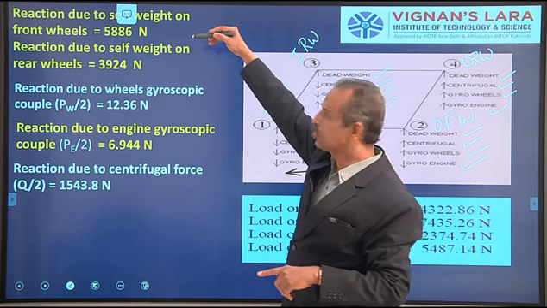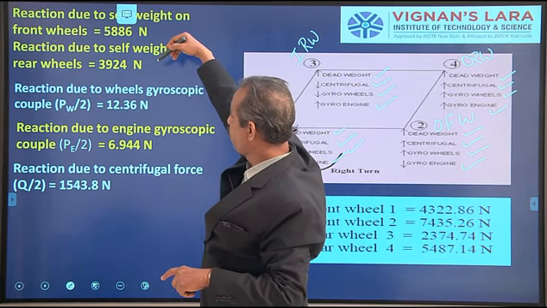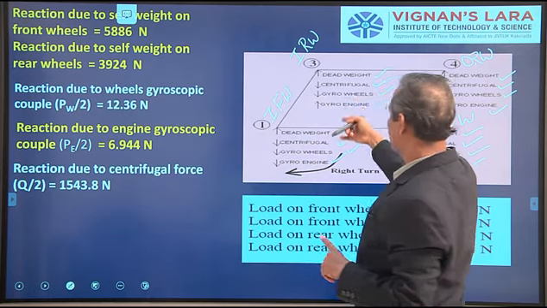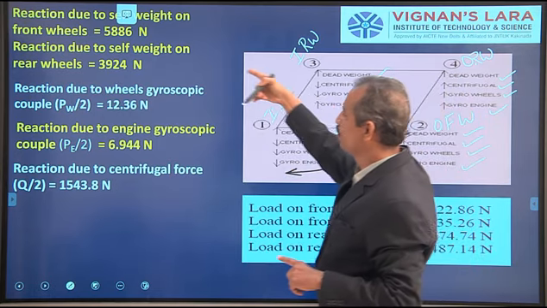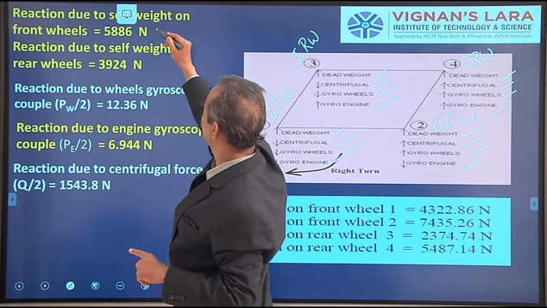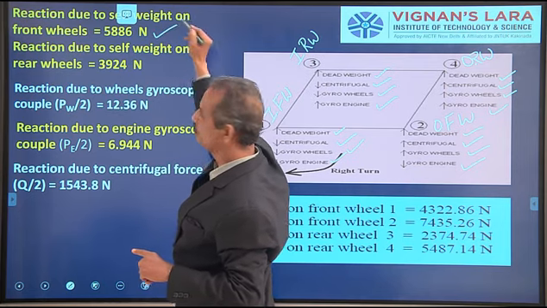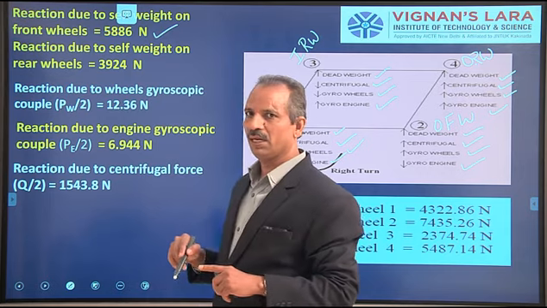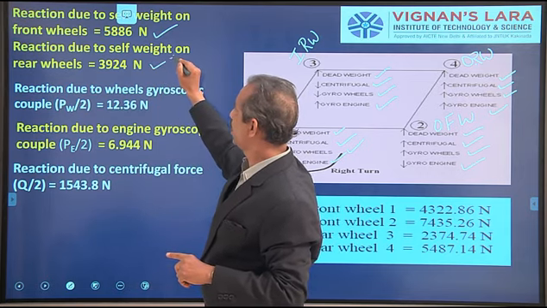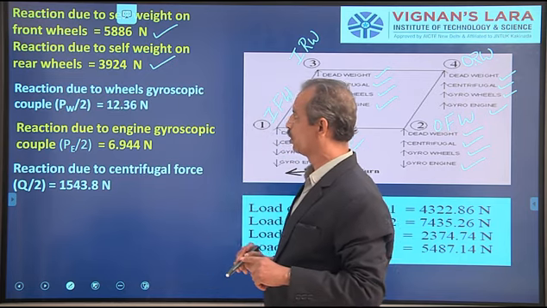The reactions due to all four are added as per the sign convention required here. I have summarized the forces. What is it? Reaction due to the self weight on front wheels, already calculated, we got 5886. Reaction due to the self weight on the rear wheels, 3924.